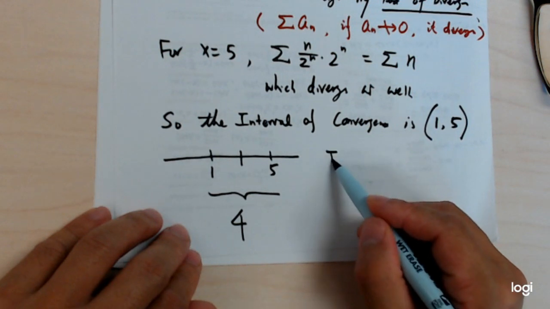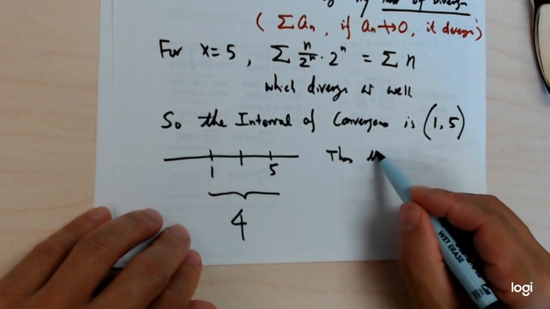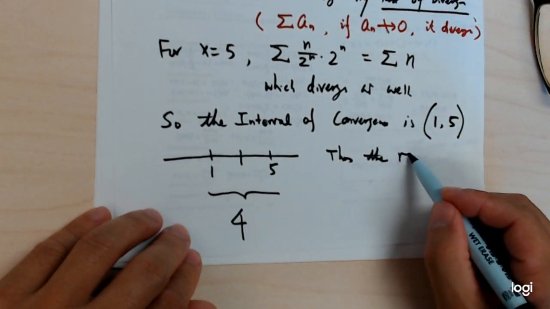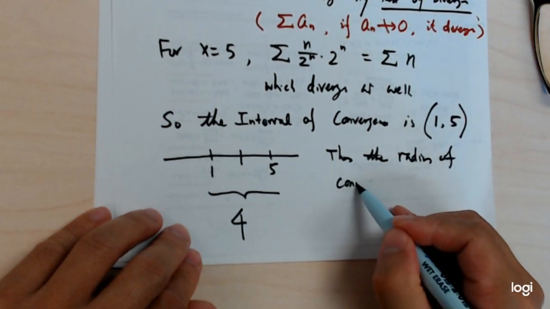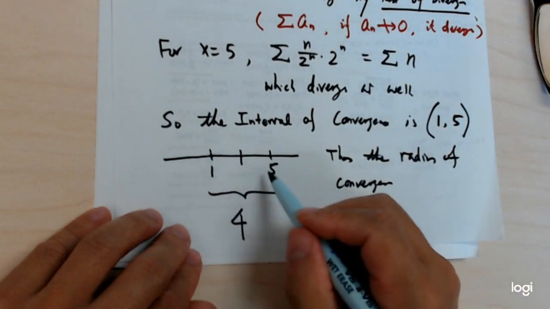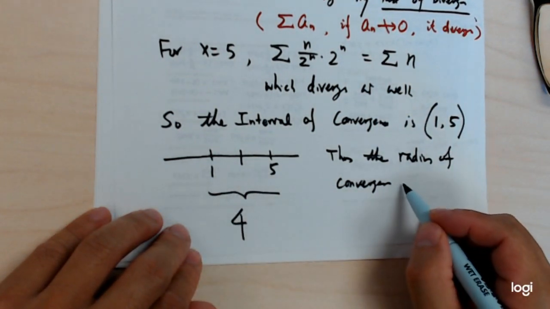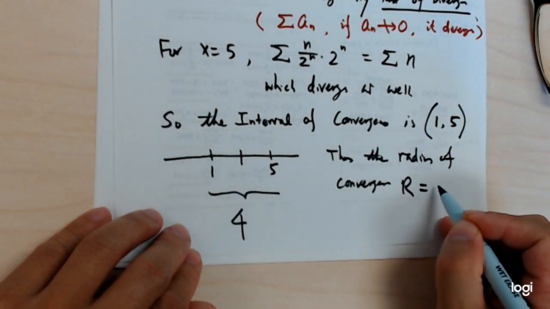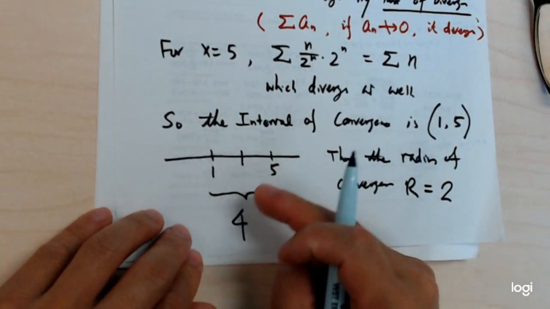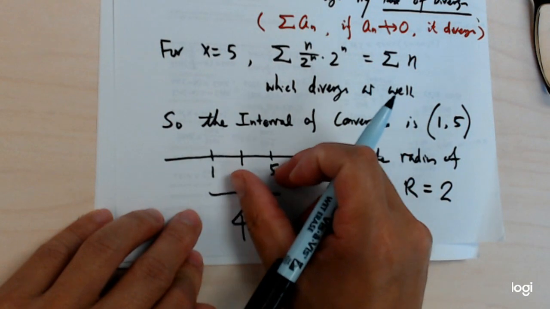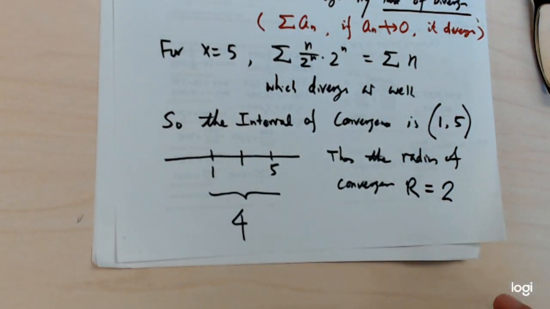It's a simple algebra problem. Thus, the radius of convergence measures how big this interval is. The radius of convergence is not 4, it's 2. From 1 to 5, that's 4. Cut this in half, that's the radius, which is 2.